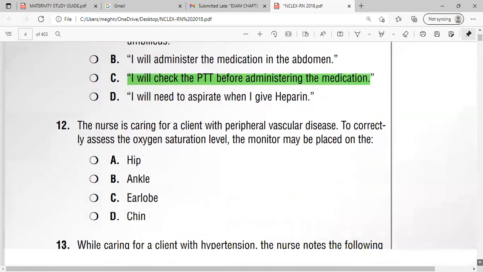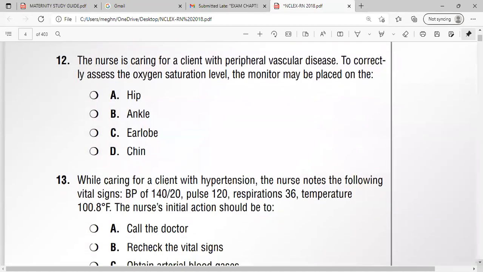And next question here. The nurse is caring for a client with peripheral vascular disease. The nurse correctly assesses the oxygen saturation level. The monitor may be placed where?